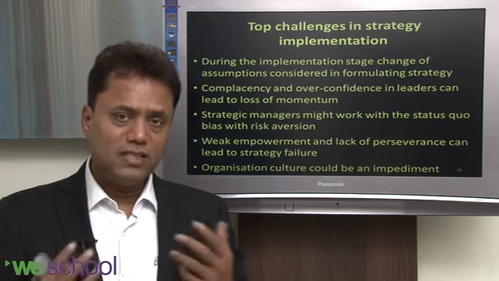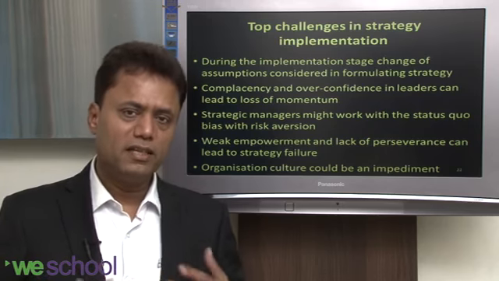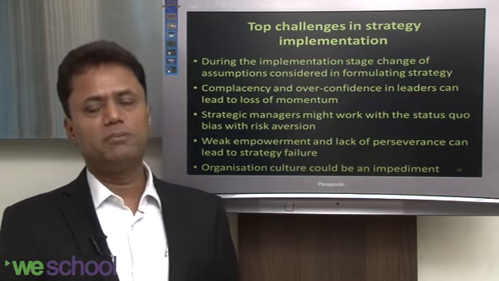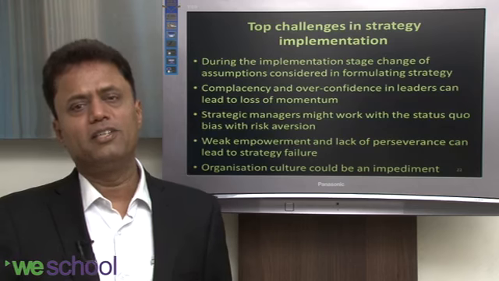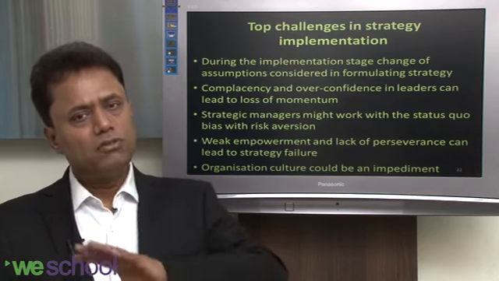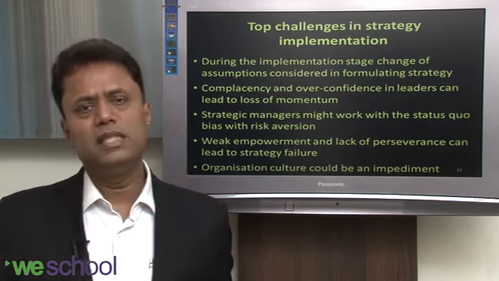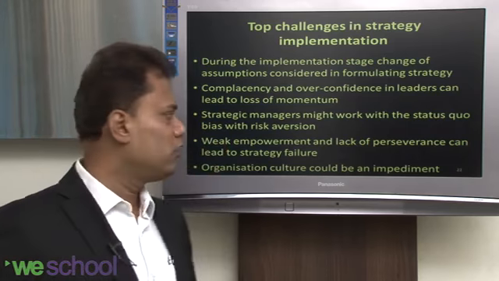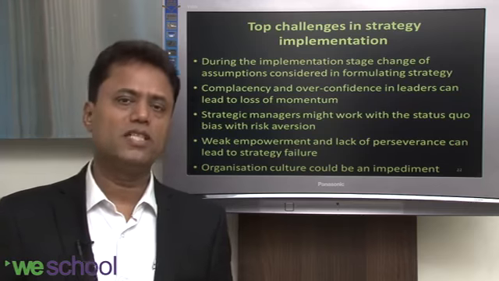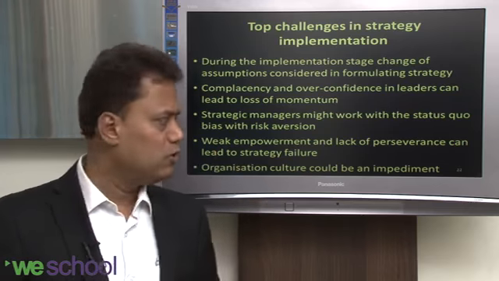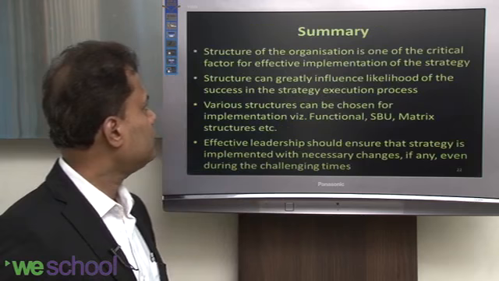These three values they inculcate at every level of leadership, at every level of functional unit, at every level of corporate level, every level of business unit level. So this value system you need to build in terms of creating a new organization culture which will support the strategy execution and achieving your purpose and vision.